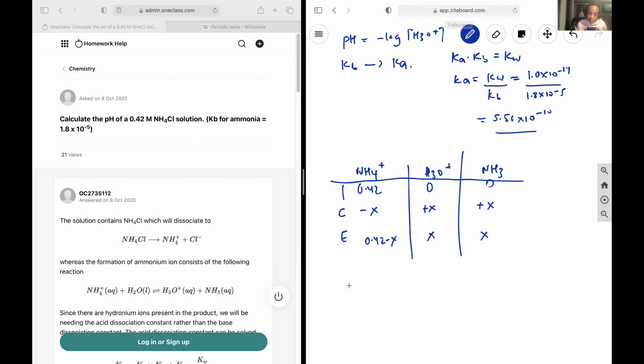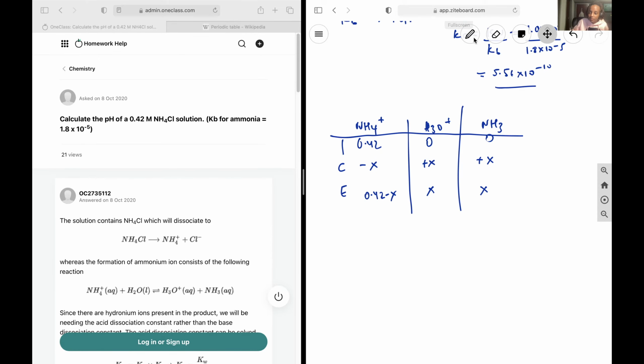And so, because of the fact that Ka can also be written as this, so it's the rate constant for this acid-base reaction. And we know what K is.